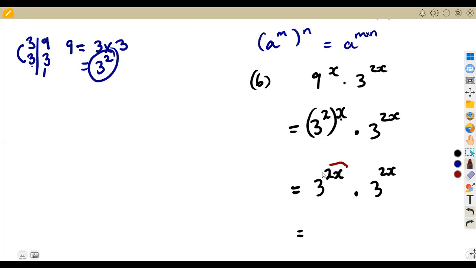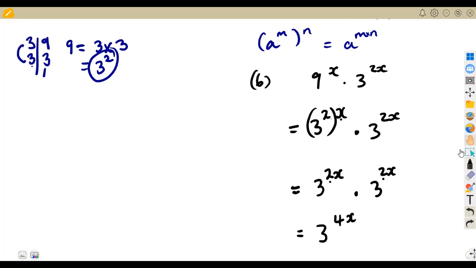So what do I do? I add the exponents together. So I'm going to have 3 to the exponent of 2 plus 2, which is 4x. So I add the coefficients of x, which is 2 and 2. So the answer is going to be 3 to the exponent of what? Of 4x. That's how our questions might be given.